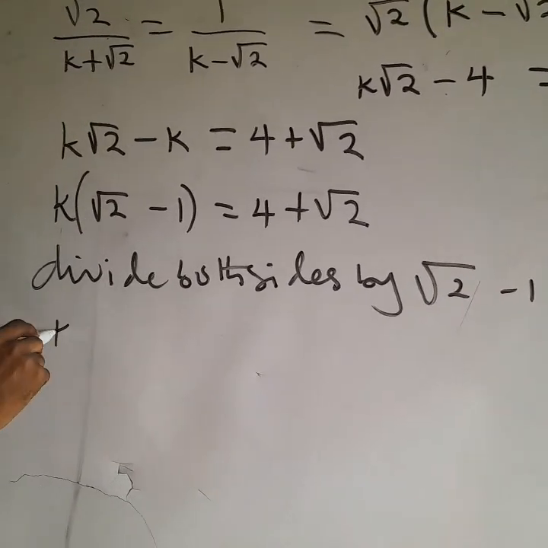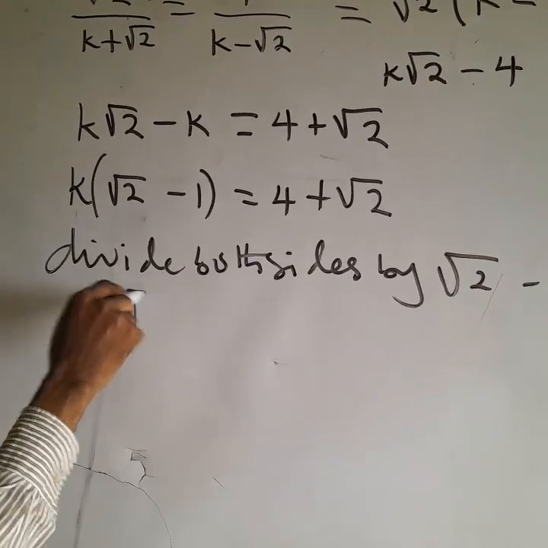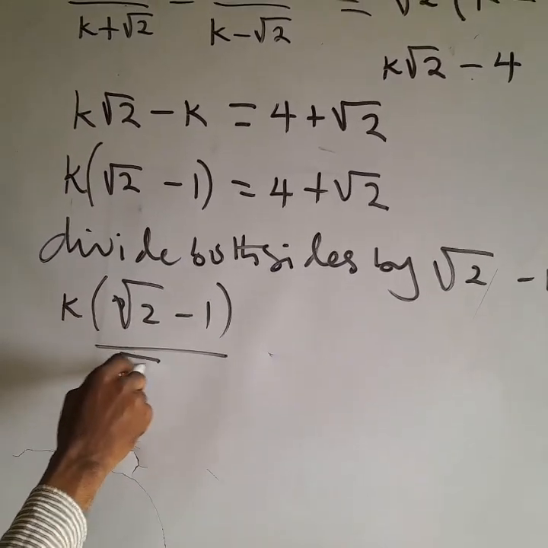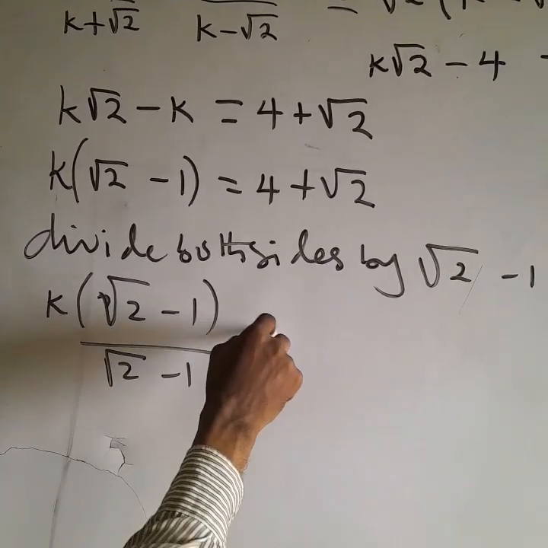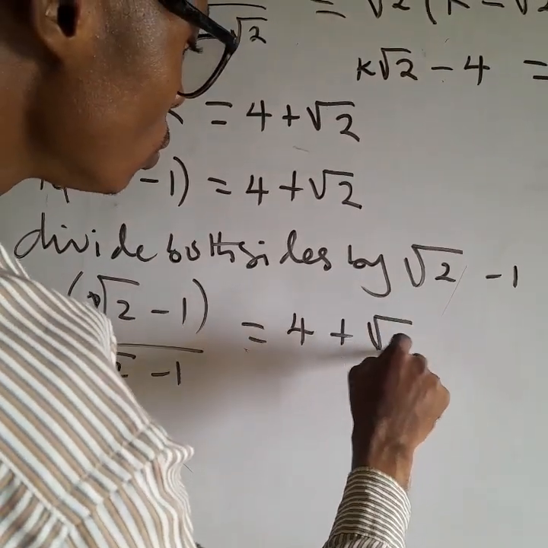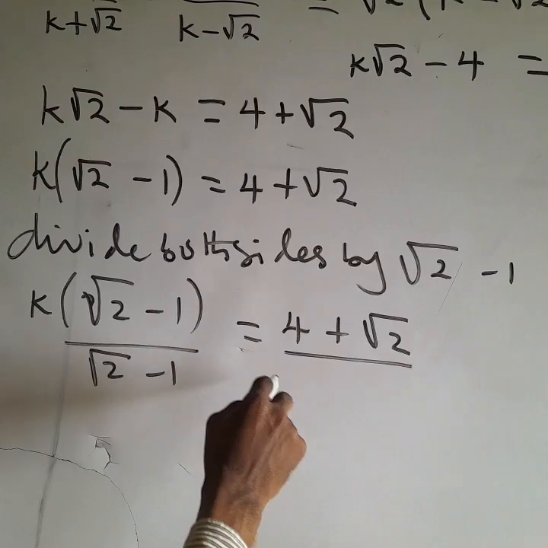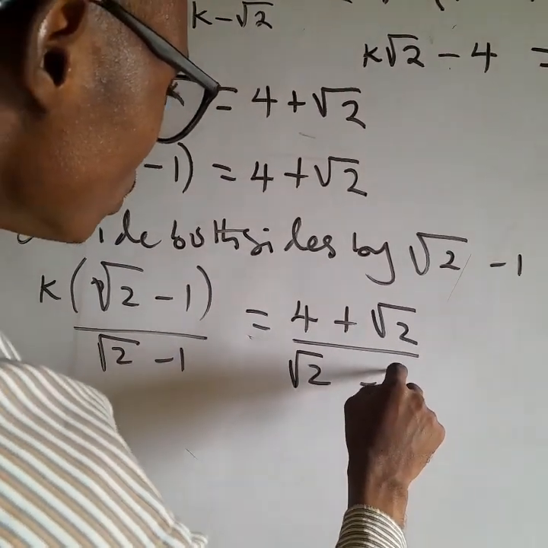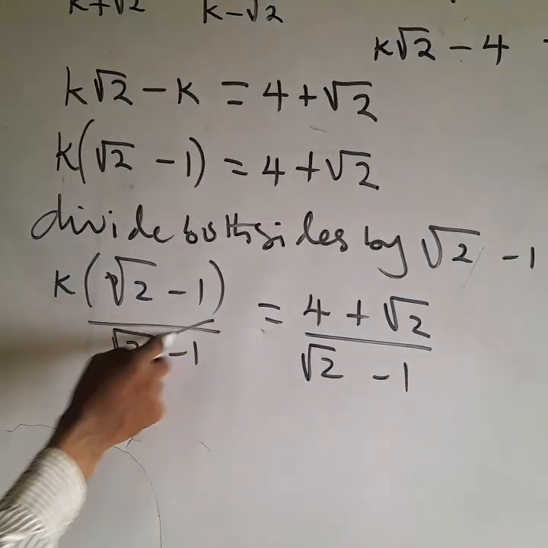So we'll have k into root 2 minus 1, all divided by root 2 minus 1, equal to 4 plus root 2 divided by root 2 minus 1. So this will cancel this.